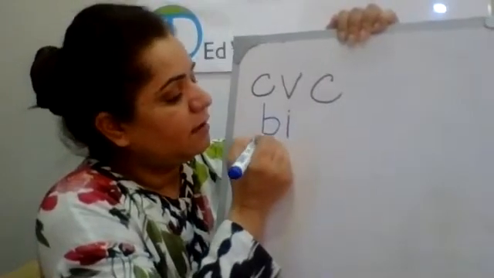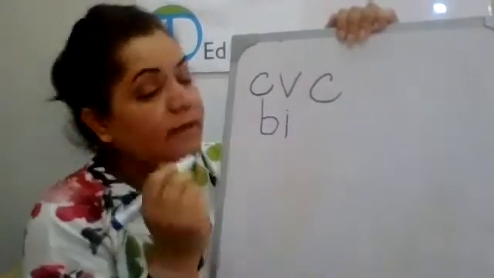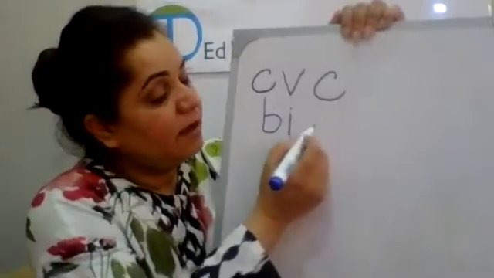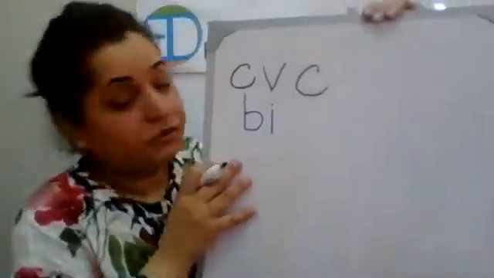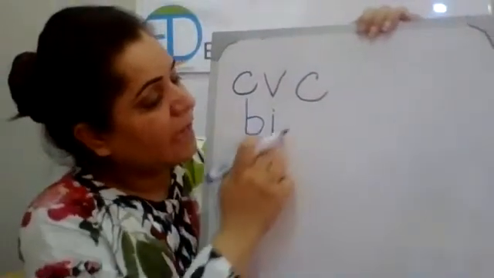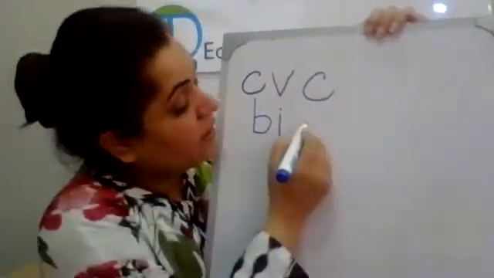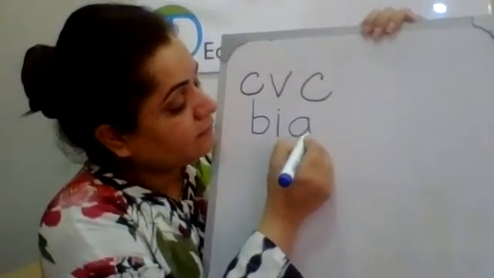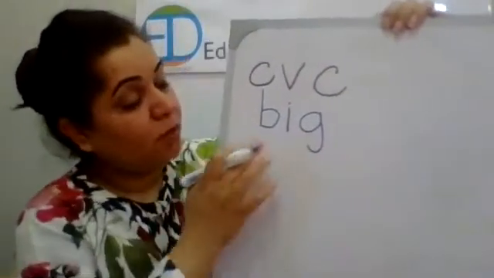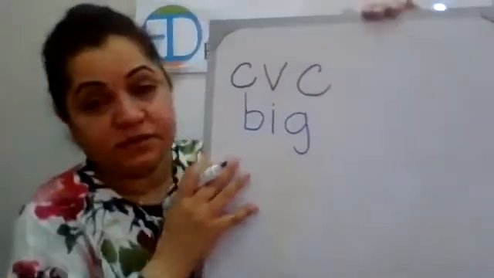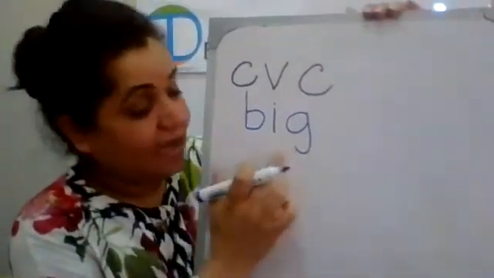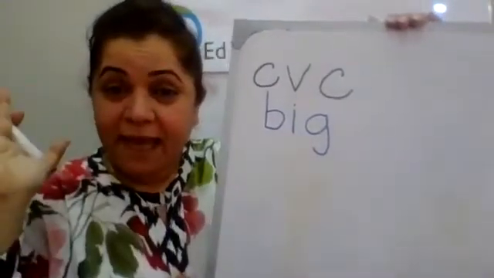B, I, then another consonant. G, yes. B-I-G, big.